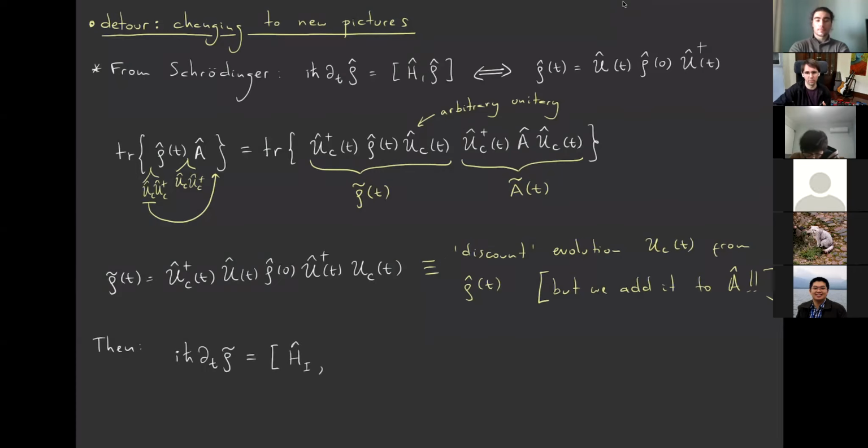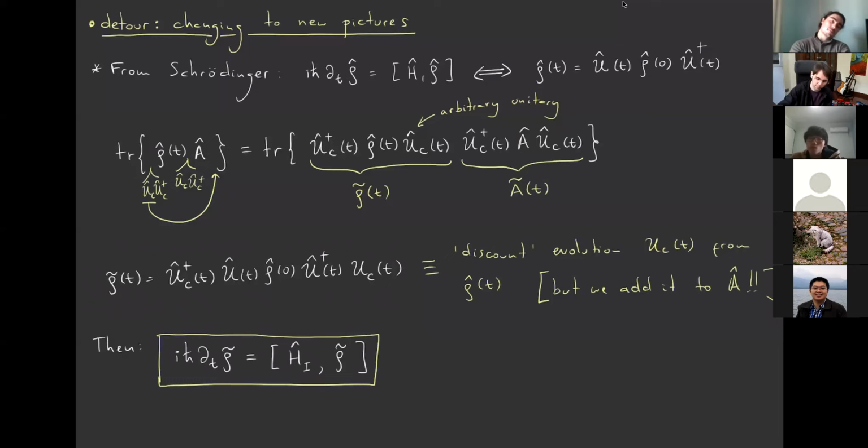The I comes from a tradition of calling this the interaction picture. So this is the evolution equation satisfied by the state in this new picture, in which we have transformed everything with a unitary that we chose. And this interaction Hamiltonian is a very simple one.